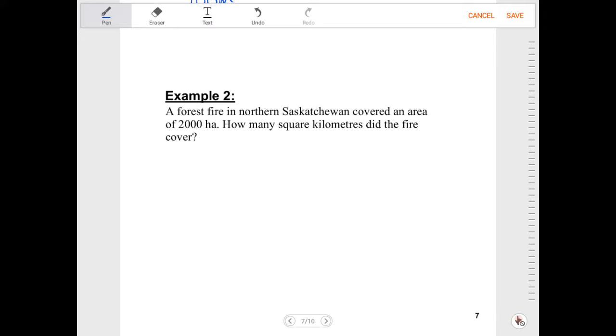In this case, we are going from hectares into kilometers squared, from something smaller into something larger. If you remember from about 2 lessons ago, we are going from a smaller to a larger measurement.